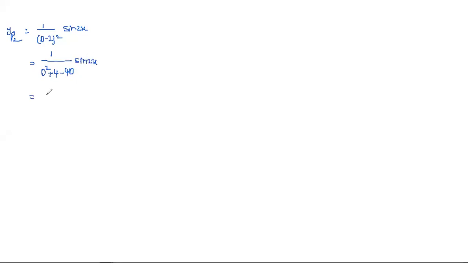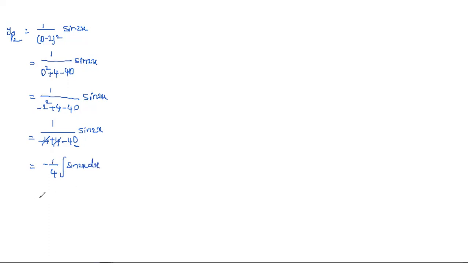Now we need to substitute minus 2 square in place of D square. So minus 2 square plus 4 minus 4D into sine 2x. So minus 2 square is nothing but minus 4, plus 4 minus 4D, into sine 2x. Here minus 4 plus 4 both cancel, so minus 1 by 4 into, here it is having D. So 1 by D is nothing but simply the integral, right?